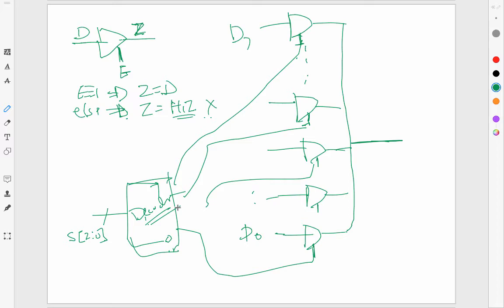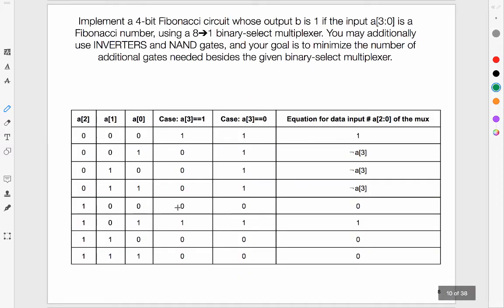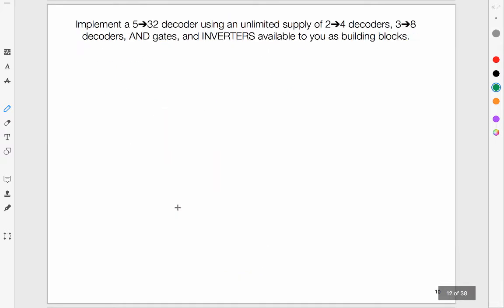So that's a digression. This is a circuit. Okay, let's look at making bigger decoders out of smaller decoders. We had a preset problem, the latest one, where you had to design a 7 to 128 decoder out of a bunch of 3 to 8 and 2 to 4s. In this problem, we have to design a 5 to 32 out of 2 to 4, 3 to 8, AND gates, inverters, and so on.